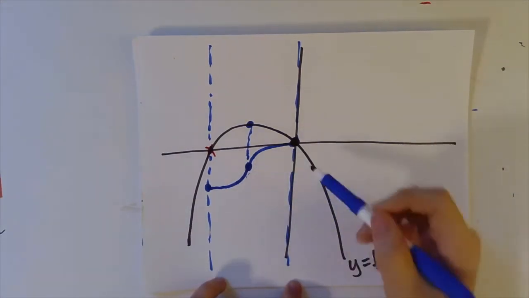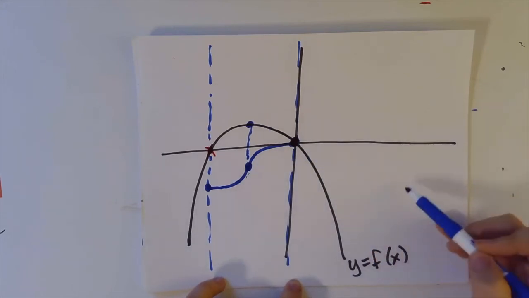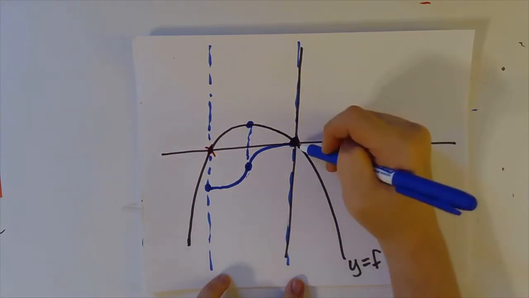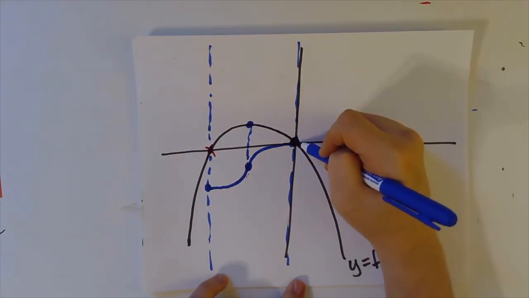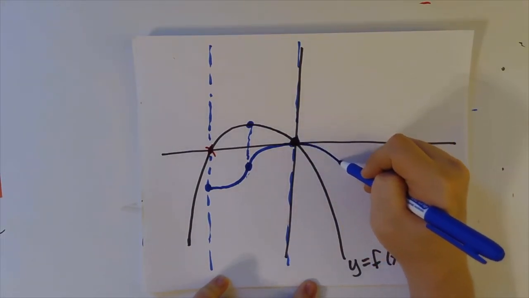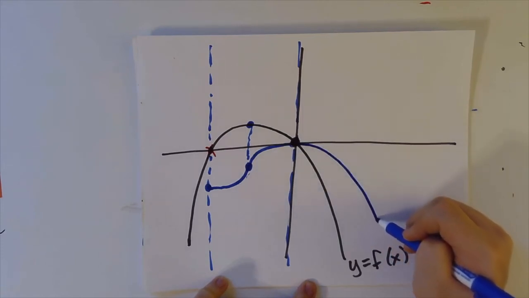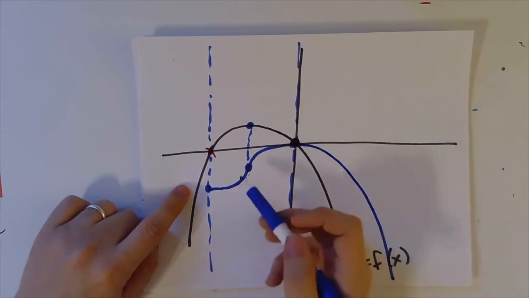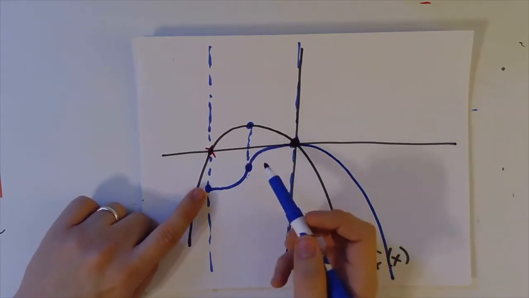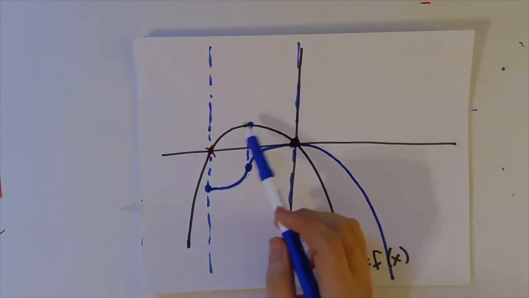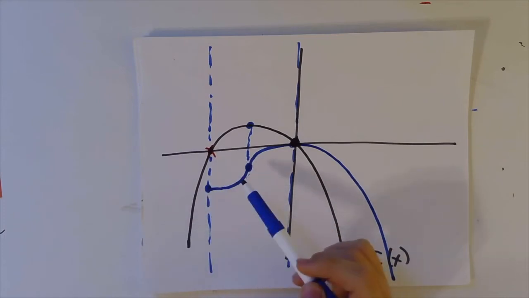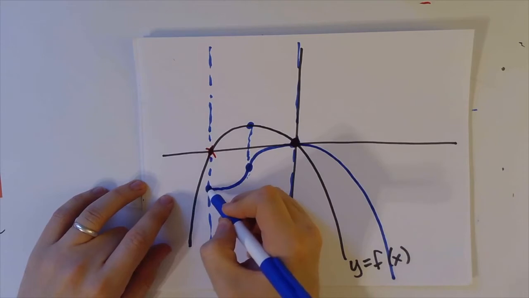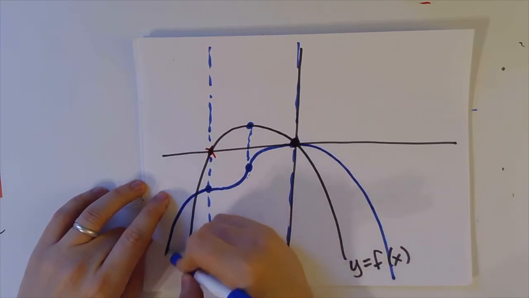Okay, but now at this point over here, the derivative is now negative, so my function's now decreasing. And in fact, it decreases faster and faster, so I end up with something that looks like that. And in fact, over here, now the derivative is negative, so it is going to do the same thing, where it is going to decrease faster and faster.